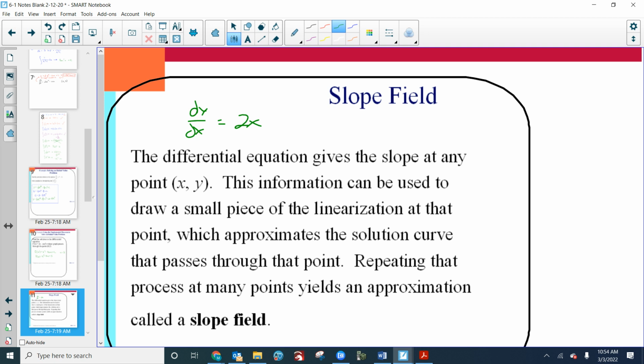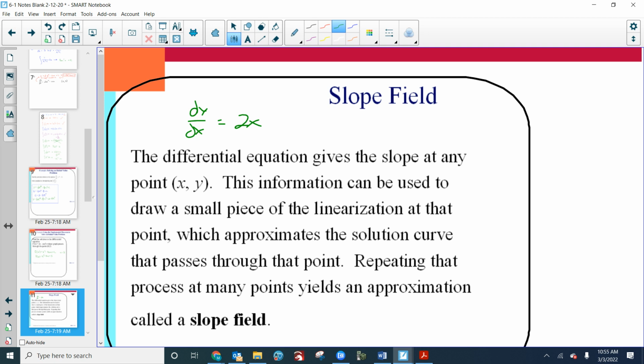At x equals 2, whatever the original function is has a slope of 4. But where? Well, when x is 2. When x is 2, the slopes are all 4.